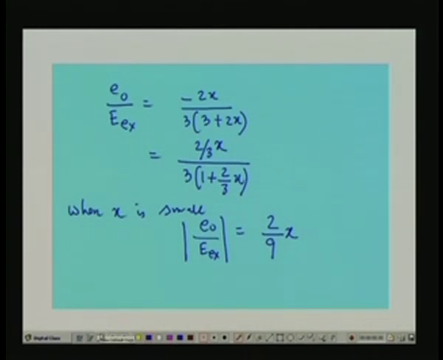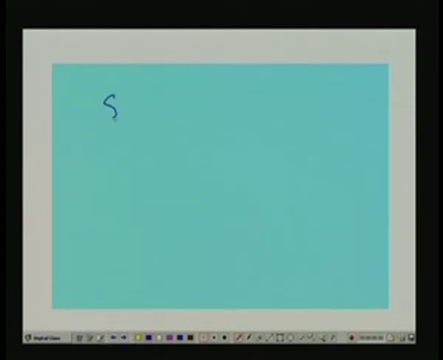So, obviously, the sensitivity in this particular Wheatstone bridge is E naught by E x upon x, equal to 2 by 9, with some approximation obviously. Fine. Now, let us look at when x is large.